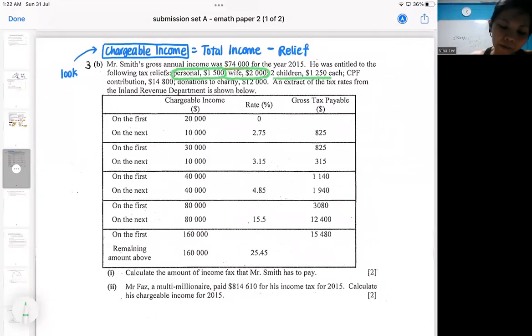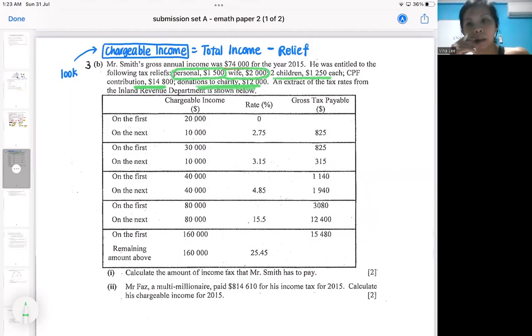And there will be a CPF contribution. Because you contribute to CPF, they kind of want to reward you, so they give you a discount. They also give a discount based on charity, because they want to encourage people to do good things, so they put it under the category of relief. That will help you to lower the chargeable income.